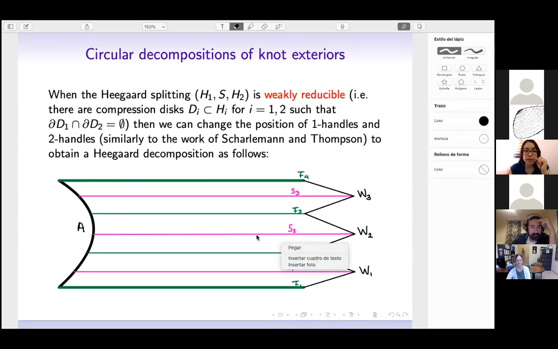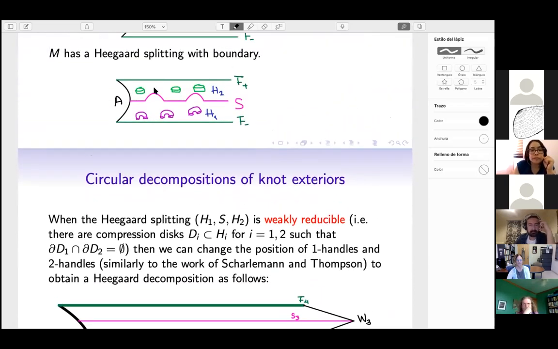When this Heegaard splitting is weakly reducible, which means that there are compression disks, one on H1 and one on H2, that don't intersect each other.